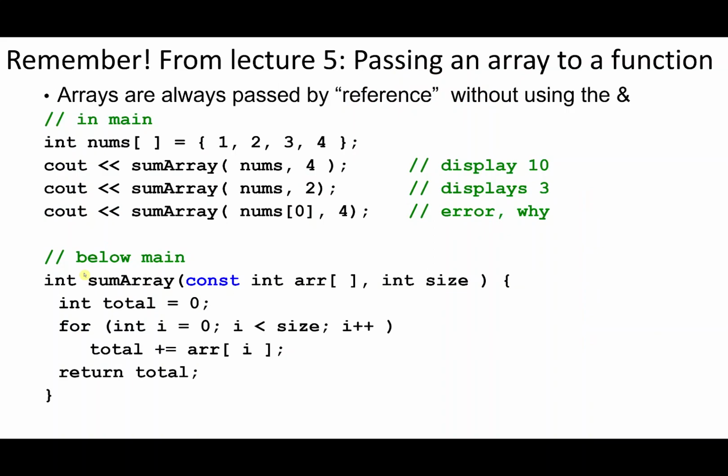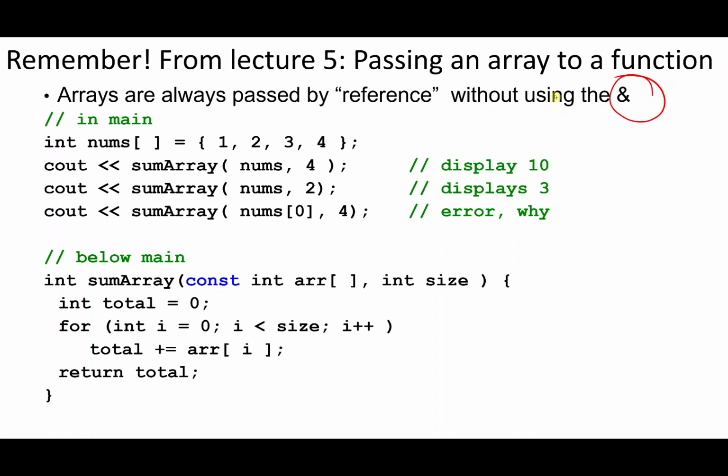Okay, so remember from lecture 5 when I said, when we pass arrays, they're always passed by reference even without using the ampersand? That is actually true. And here is the reason why.